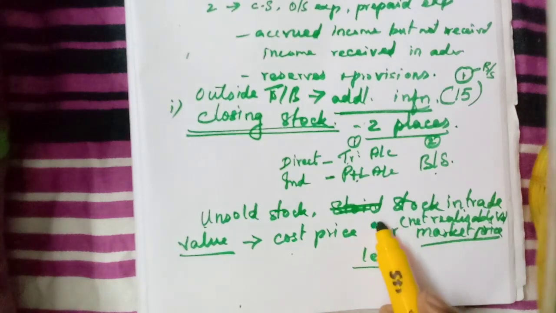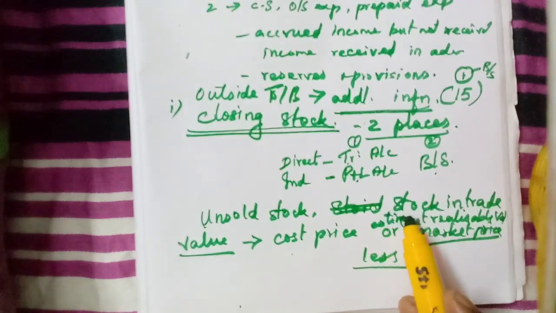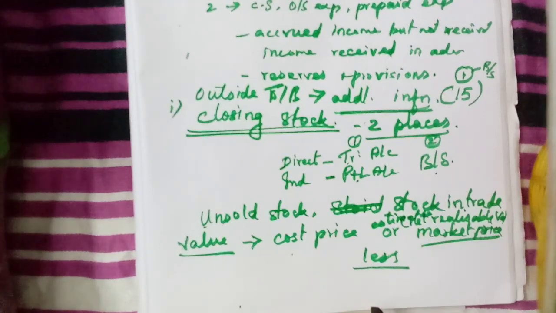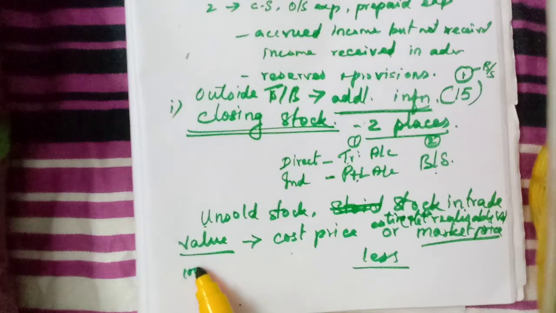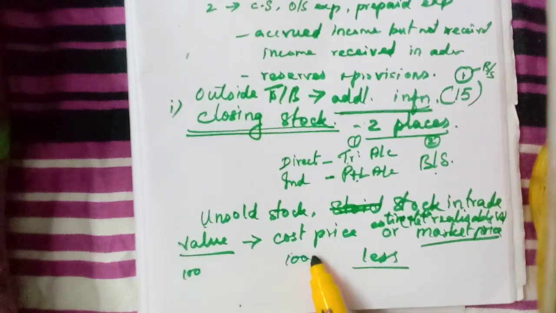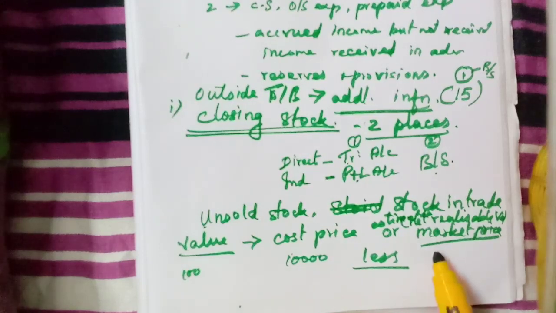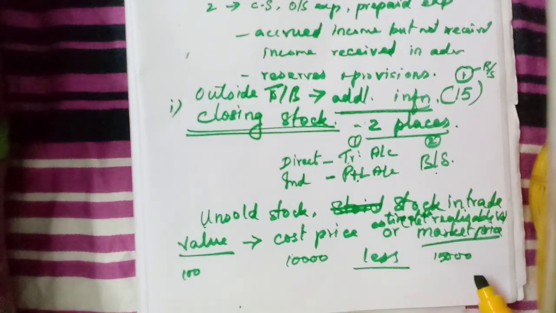That is only an estimate with the current market price. They will estimate that this much amount we can sell. For example, 100 units of unsold stock, 10,000 is the cost, and 15,000 they can sell. Then any selling expenses, carriage outward, any amount will be deducted.